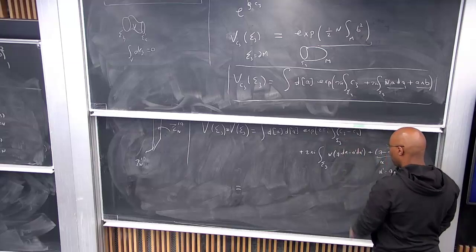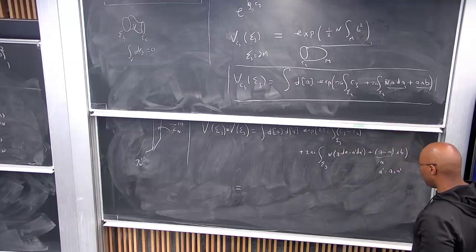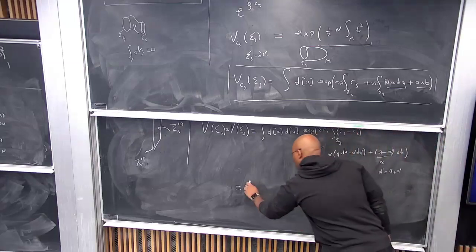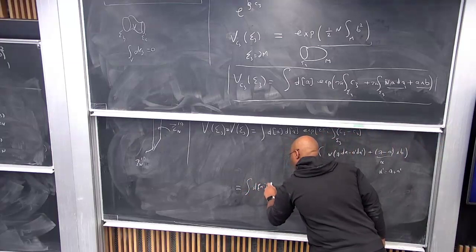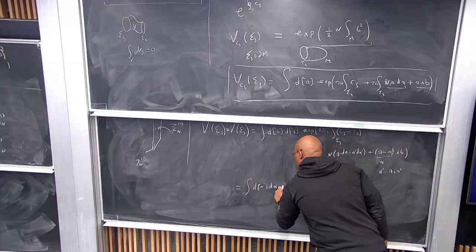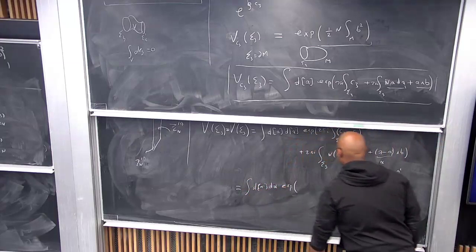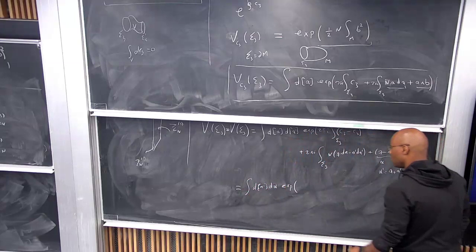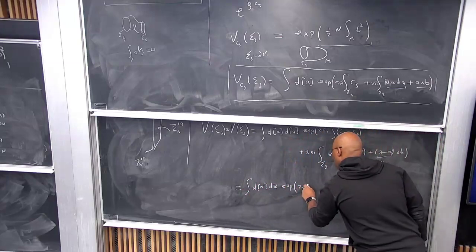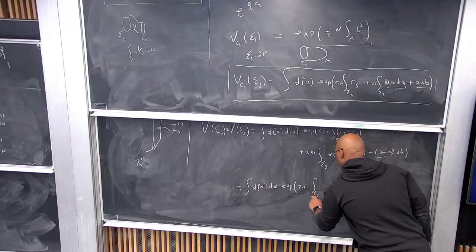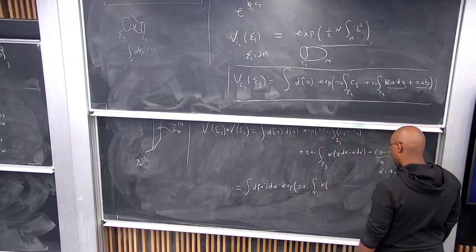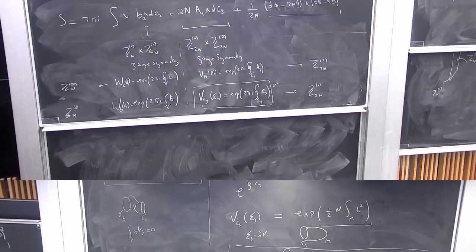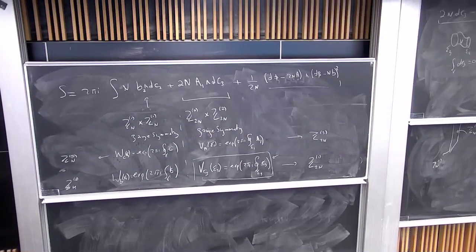Then this term will cancel, and you get a path integral of d alpha prime, d alpha, and exponential, if I can do this right, of 2 pi i integral on sigma 3 with an n times the easy one.